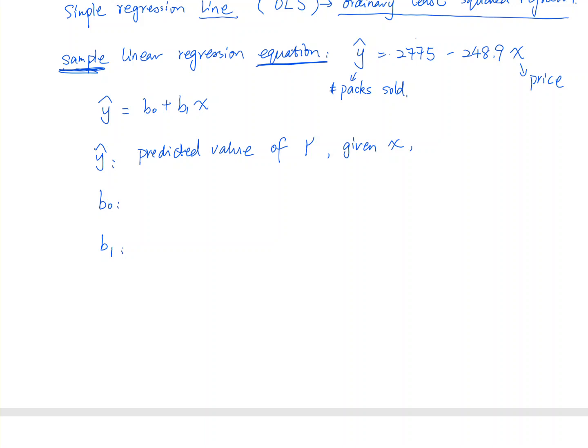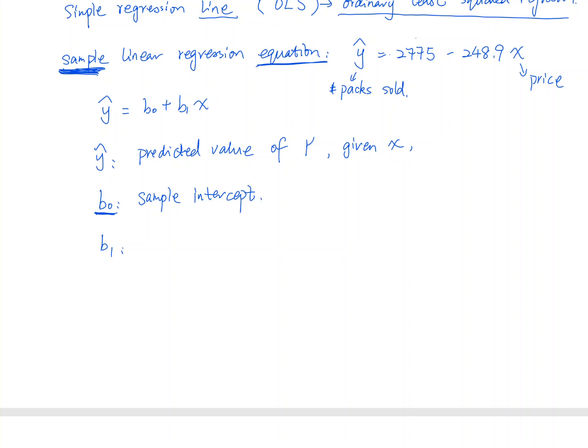Alright, so next b0. In math class, you need to know that b0 is called the intercept, right? So here in this class, we call it the sample intercept. Why do we call it the sample intercept? Because this intercept or this linear regression equation is obtained from the sample, right? And then how do we interpret this intercept?